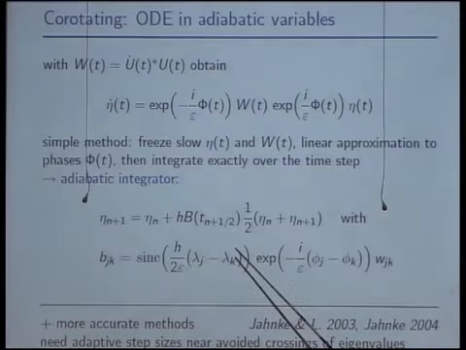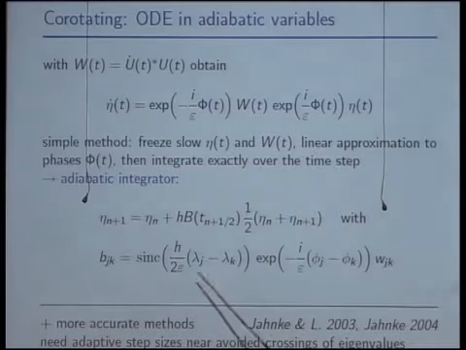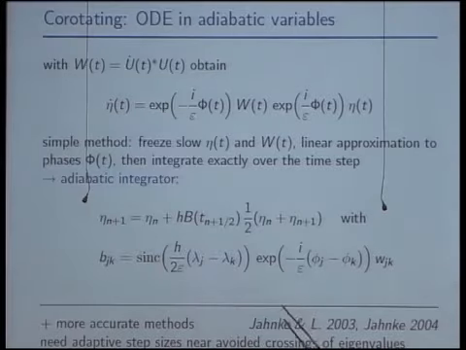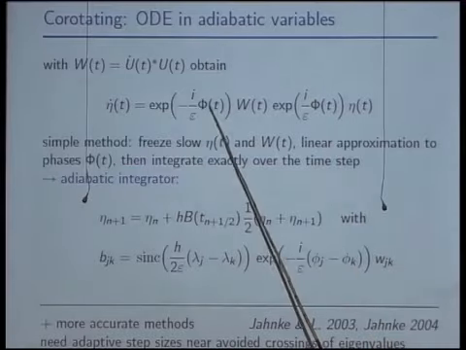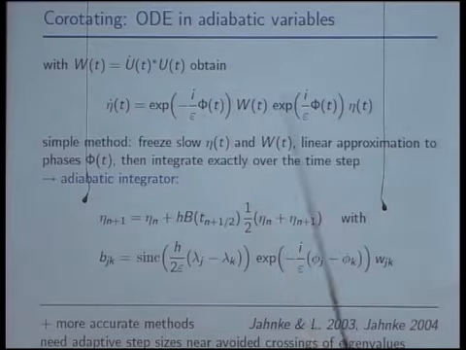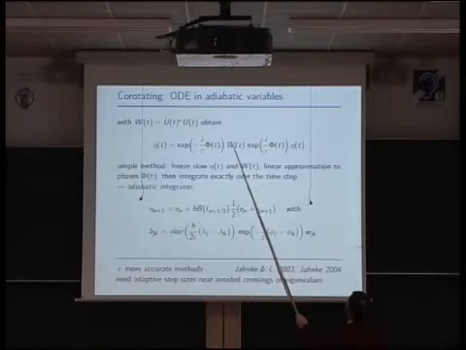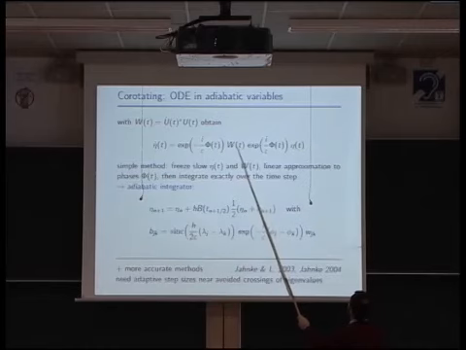Now this is just a very simple and certainly not the best method to recommend. There are much more accurate methods available, but somehow based on this same principle that you separate the time scales between the fast rotating matrices to the left and the right and the slower variables W and eta.